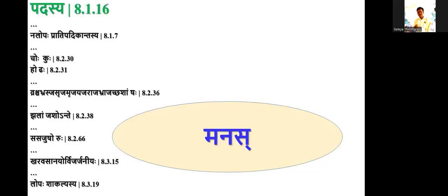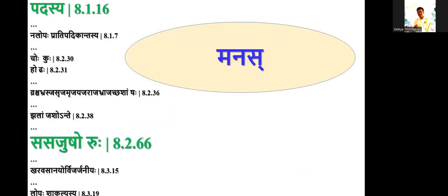So, we have at this stage this sutra, Sasajusho Ruh. Because this sutra is in the Adhikara Padasya, the Sakara which is at the end of a Pada, and of the word Sajush, when it is qualified as Pada, will be replaced by Ru.